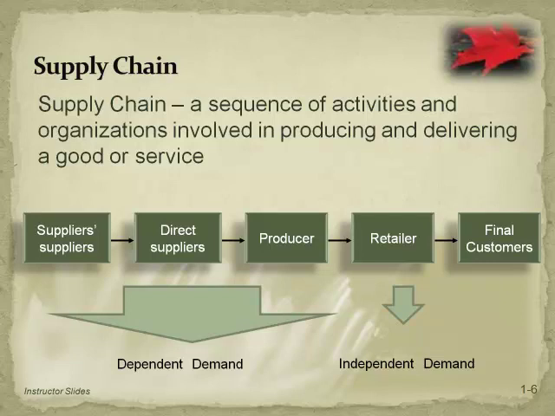The demand that we would have for that retailer is independent demand. That is the demand for the finished product. That's what we want. But all the other companies in the supply chain, the producer of the iPhone, which of course is manufactured in China by a company in China, as well as all the companies that produce the memory chips, the other circuitry, the display, and so forth, all of their demands are going to be dependent demands.